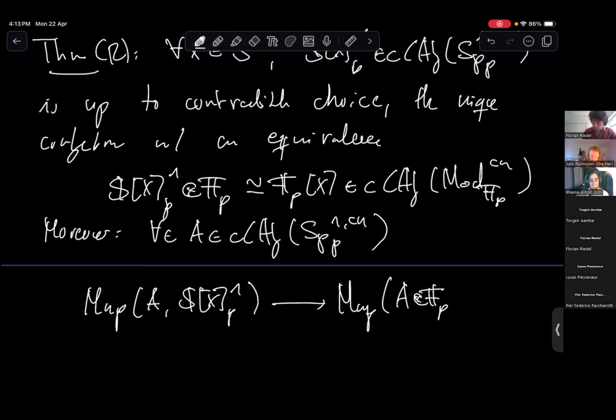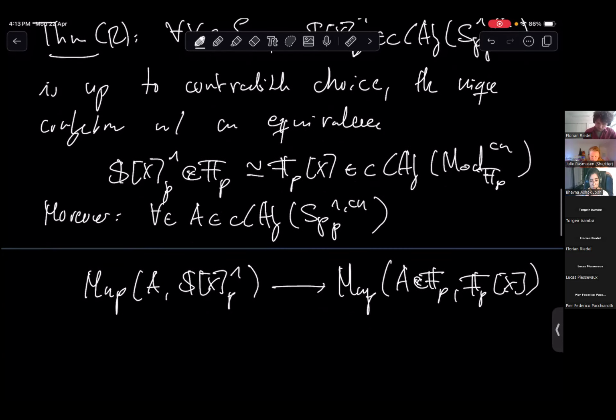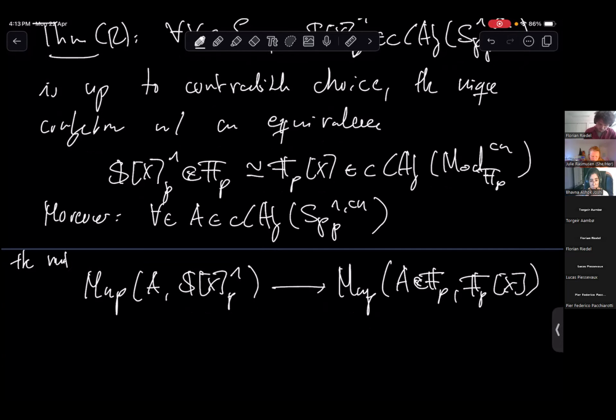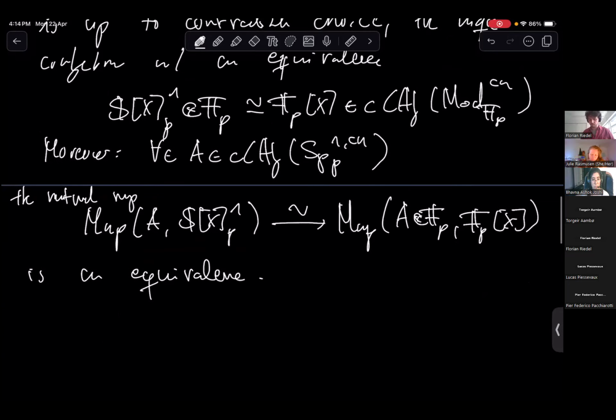We base change A and then put the base change here. This natural map is an equivalence. And this is the functoriality aspect, as I said. It describes it as a kind of right adjoint, which we can make even more precise. This really tells you that there's no information lost when tensoring with F_p in this sense.